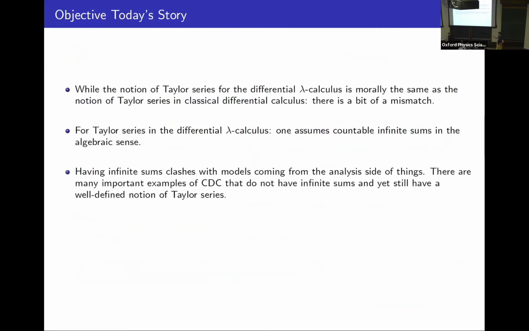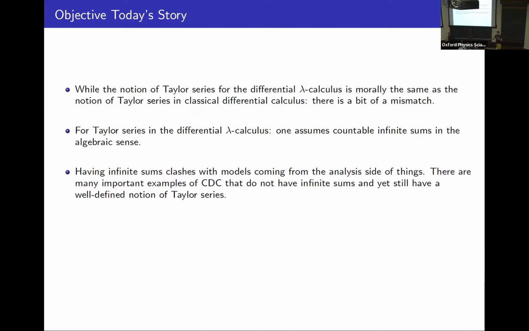So while there's a notion of Taylor series for the differential lambda calculus, and it's morally the same thing as the notion of Taylor series in classical differential calculus, there's a slight mismatch. In the lambda calculus, you assume that you have algebraic infinite sums, right? So you can just sum up as many terms as you want. However, infinite sums usually clash with the notion that we learn in analysis, right?